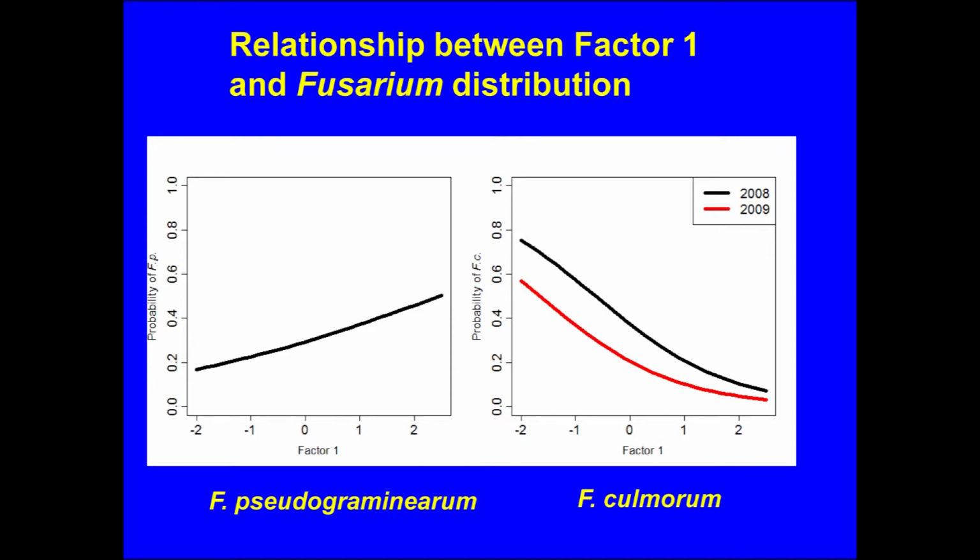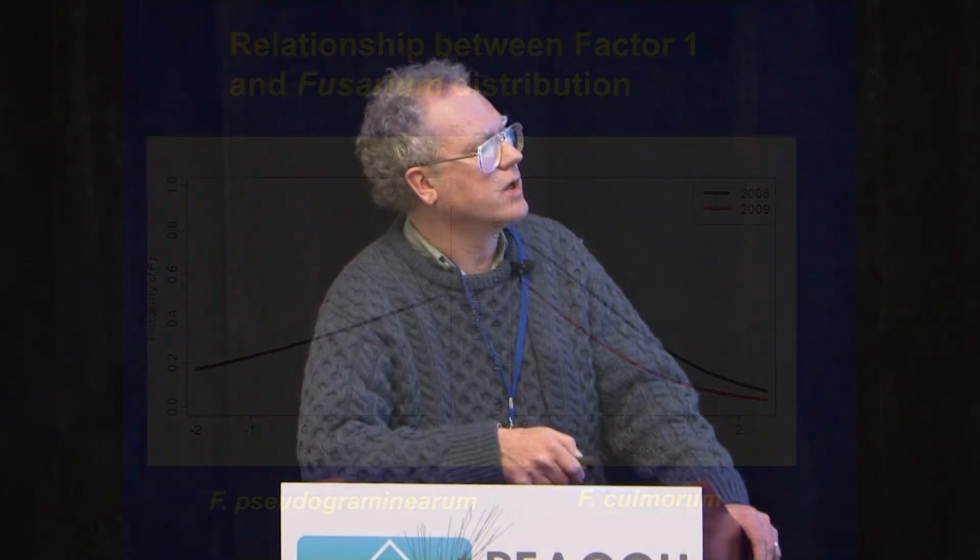As you go to higher temperature locations, wheat fallow, low rainfall, you get a much higher ability to isolate that. On the other hand, Fusarium culmorum seems to have an inverse relationship. So we find it more at the lower temperature sites, higher elevation sites. That was also an interesting thing that we were able to pick up with this type of factor analysis.